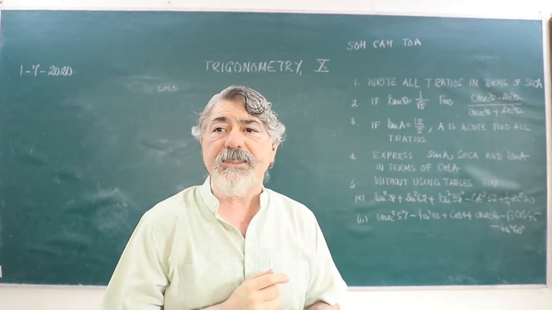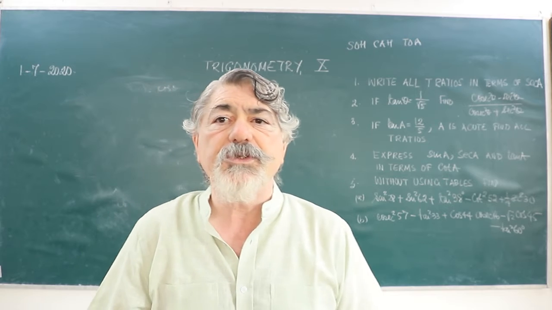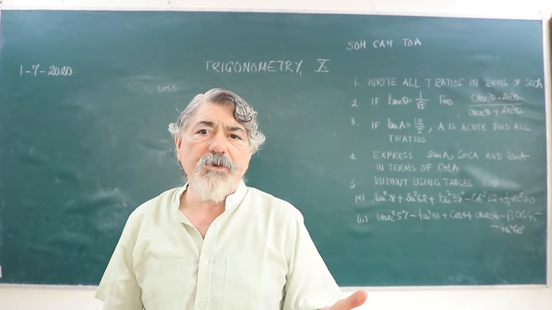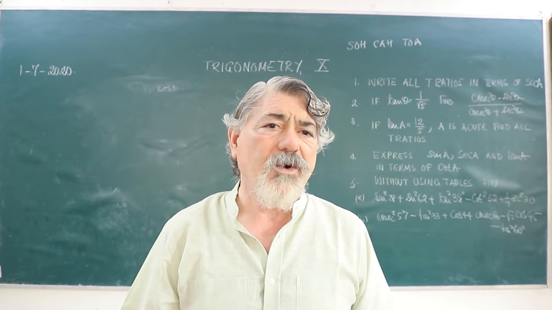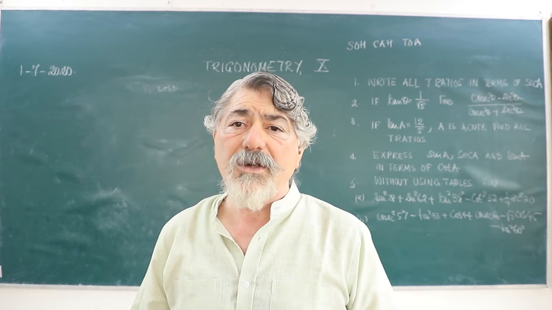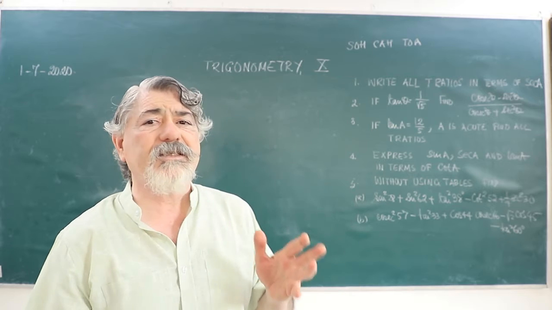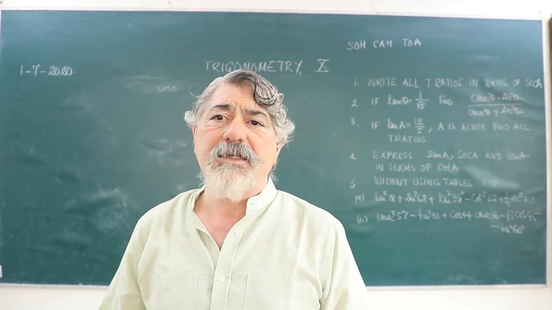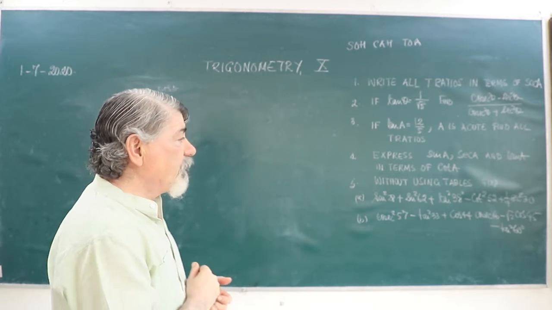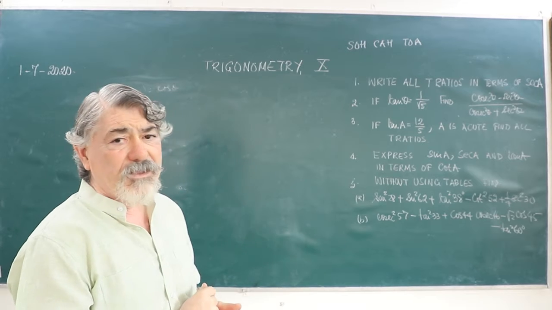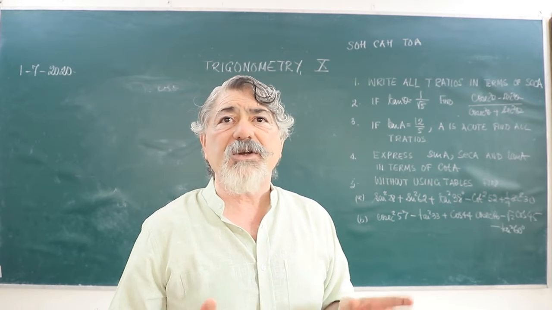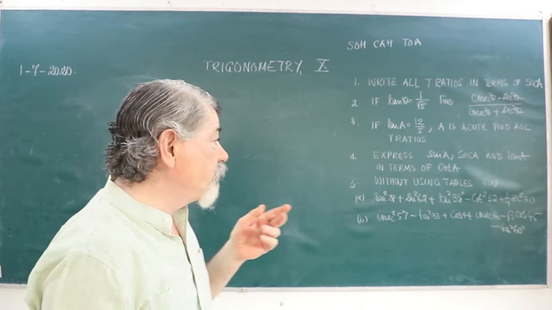When he says without using table, that means he doesn't want you to use trigonometric tables, which are given at the end of your book, or you have separate trigonometric tables, log tables, where you have natural sines, natural cosines, natural tans, natural cotangents, natural cosecants. But we are not going to use these values, because you can see all the values from that table also, even in degrees and minutes. But we are not interested in looking at that. We are without using table.